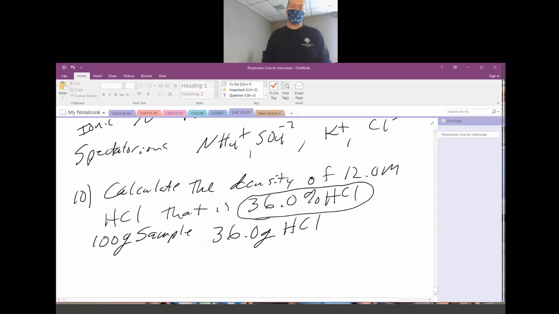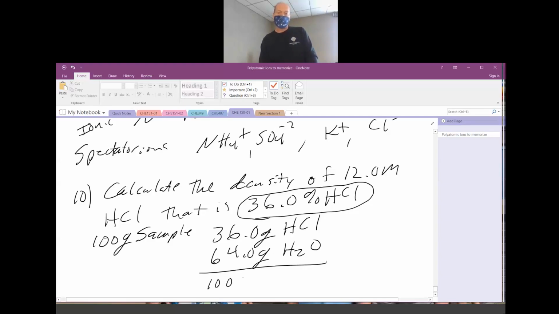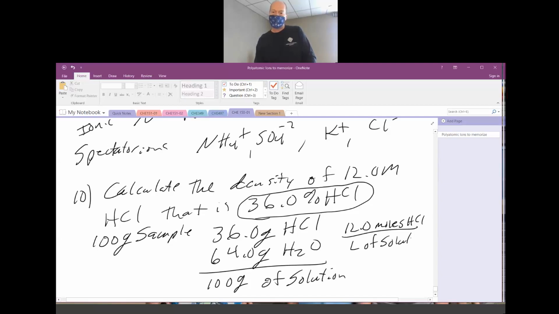The other 64.0 grams would be water, and that would give us 100 grams of solution. And of course you have 12.0 moles of HCl, that's the moles of the solute, per liter of solution. So that is the information that this gives us.